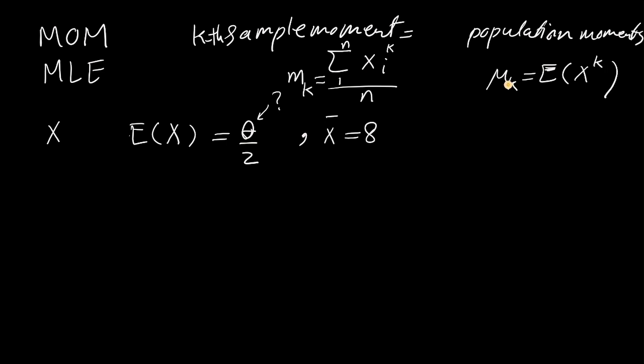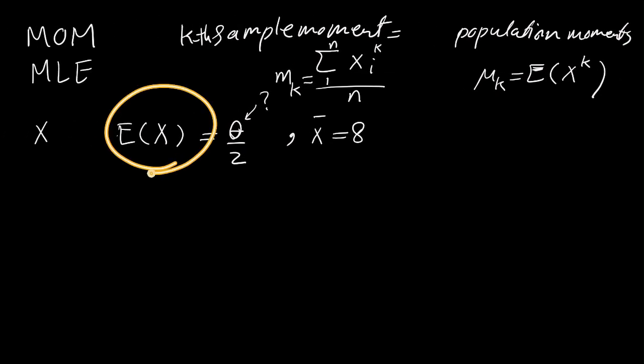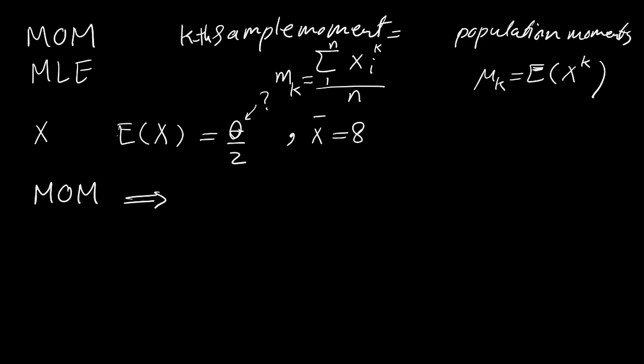If k is 1, then mu1 is just the expected value, E of x. And m1 is just the mean, because it's the summation of xi divided by n. So this is x bar if I'm speaking about the first sample moment, and then first population moment is just the expected value. In this example, I have expected value and I have the sample mean. So by method of moments, we know that m1 is equal to mu1.